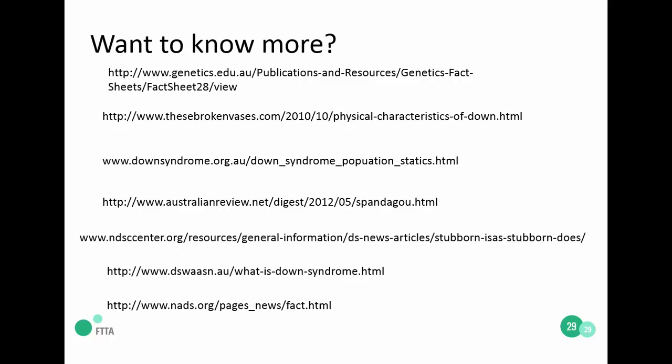Also, the Department of Education in the state that you're in will have a lot of information generally on their website. So in WA, for example, if you type in Department of Education WA Down syndrome, you should come up with quite a lot of stuff.